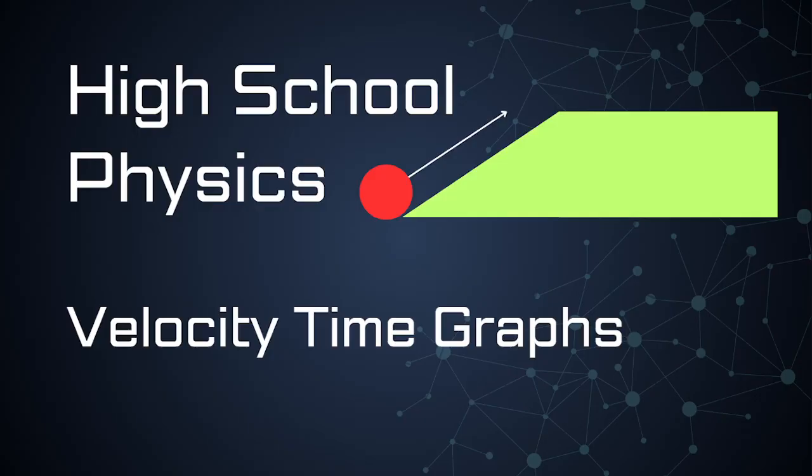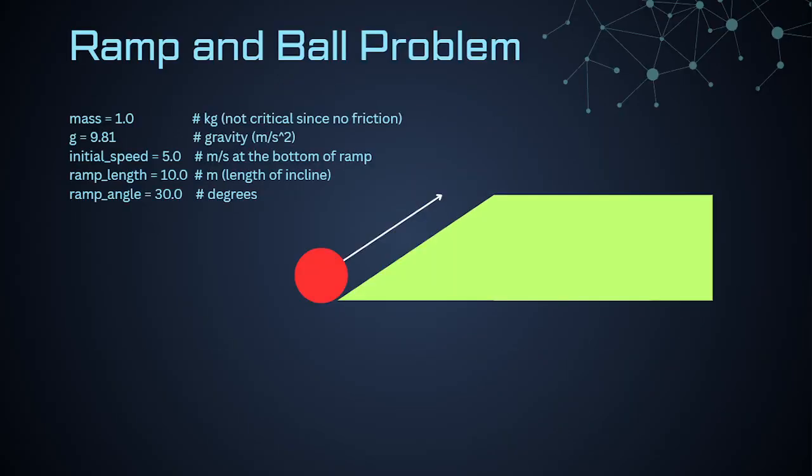And let's go. So the basic problem for the ramp and ball is that there is a ball that is moving at some initial velocity, and with this velocity it starts climbing the ramp, and we want to plot the velocity time, the displacement time, acceleration time graphs, etc. for the motion of this ball.